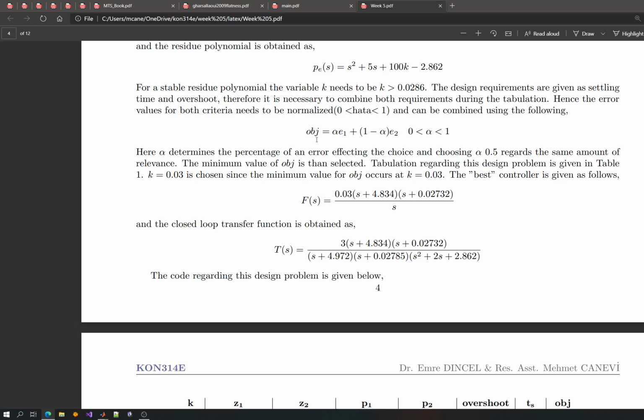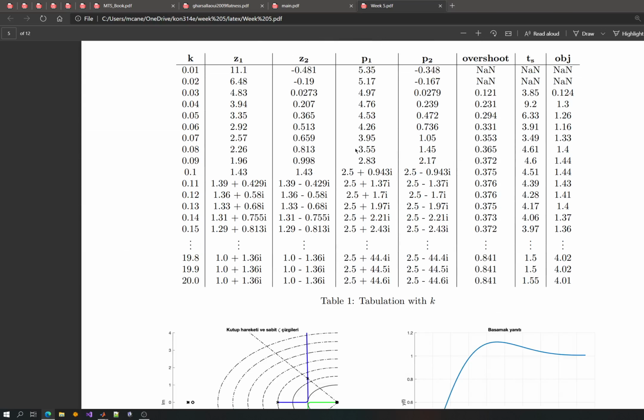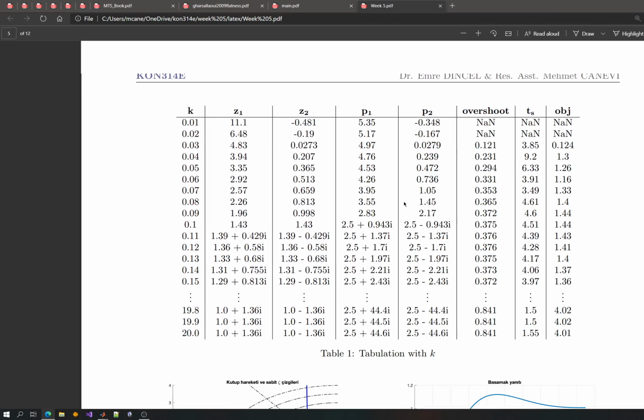You can see that the solution is also around the same point here, and you can see the closed loop, you can see the combination of the indicators. I said that if you combine this error, both of the errors like that. You can also see the residue polynomial stability, the closed loop, an example table.